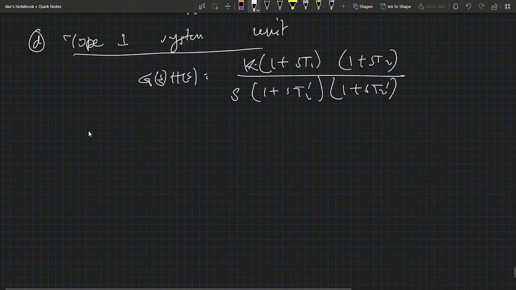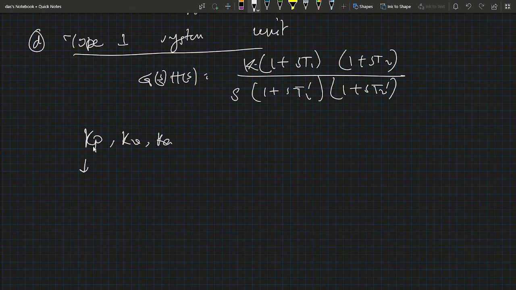Now it's the same calculation for Kp, Kv and Ka also. I just write here, all students, please do it yourself. First of all, the value of Kp here is equal to infinity, so therefore steady state error for this system equals 0.